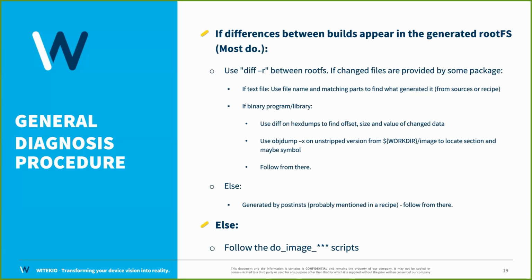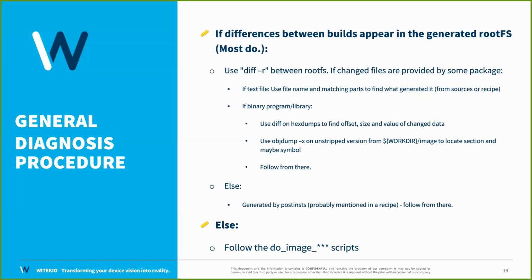Then if the file instead is installed explicitly by a package, if it's a text file, you can use the file name and the matching parts between various builds of it to find what generated it, if you need to remove it, if you can circumvent the non-reproducibility.